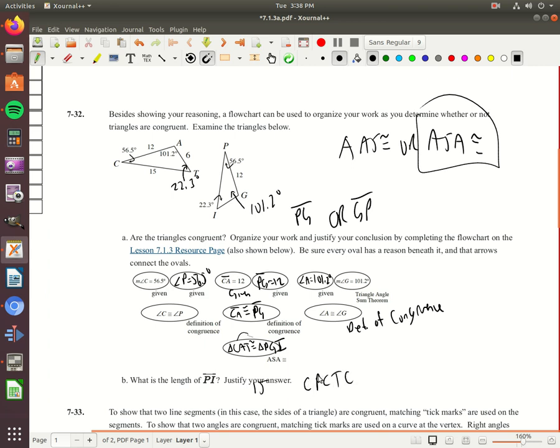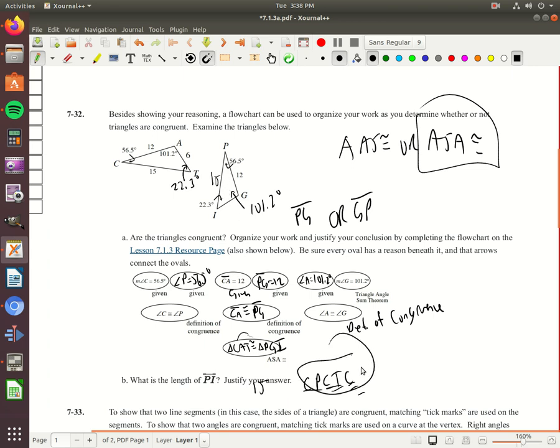CPCTC. Corresponding parts meaning, hey, look, they're the parts that are across from the 101.2 degrees, right? These are both across from 101.2 degrees, so they're corresponding parts of congruent triangles. We proved these triangles are the same shape and the same size, so that means they have to be the same. So if this is 15, then this is 15 as well.